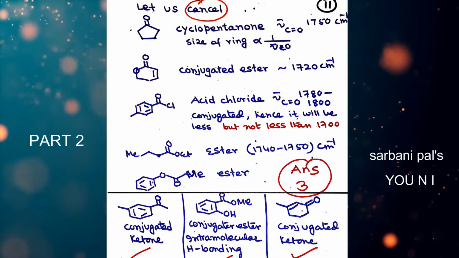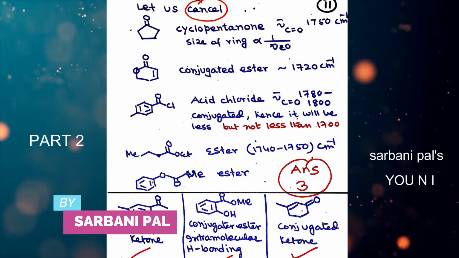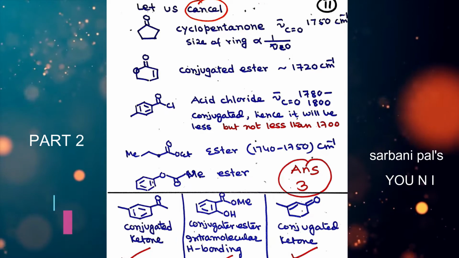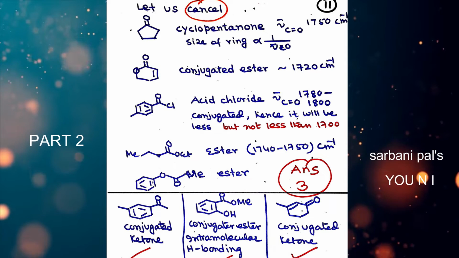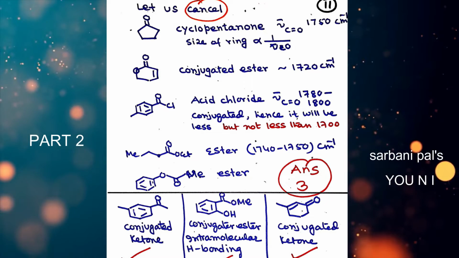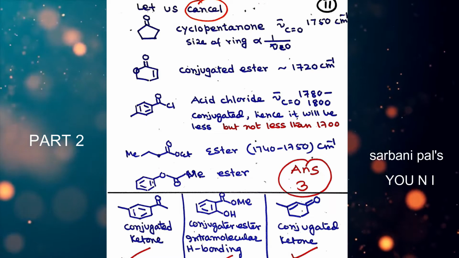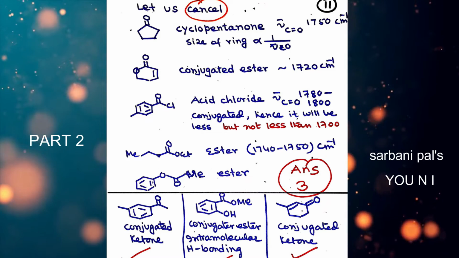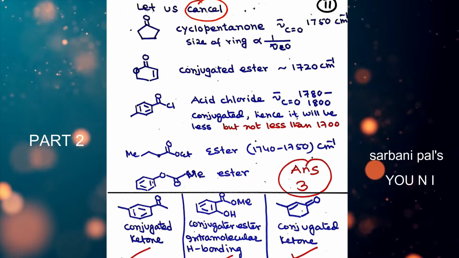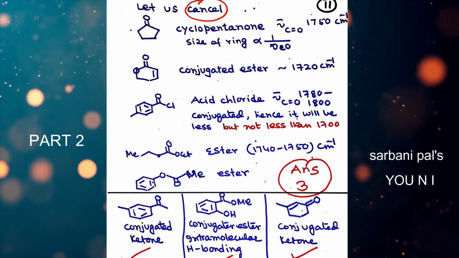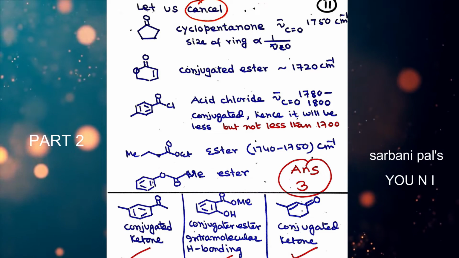That ester C double bond O also participates in the intramolecular hydrogen bonding, because that compound has OH group ortho with respect to C double bond O, and the name of that compound is the methyl salicylate. So this is the second compound, and the third compound is also a conjugated ketone. So therefore these 3 structures out of the 8 structures will give the C double bond O stretching frequency at below 1700 centimeter inverse.